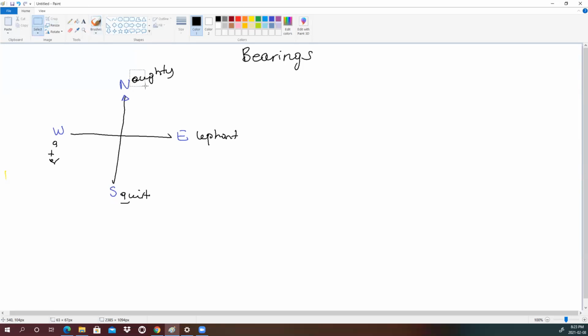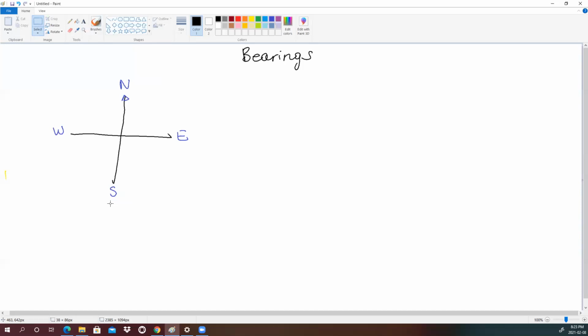This is how you would normally tell direction, by saying north, south, east, and west. However, we can extend this direction from a mathematical perspective to what we call bearings.